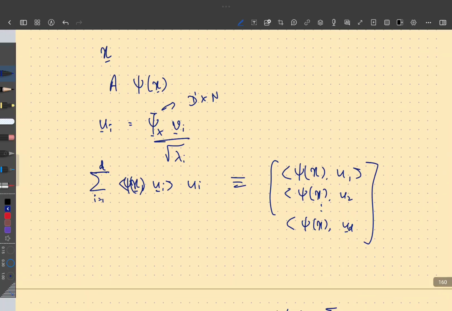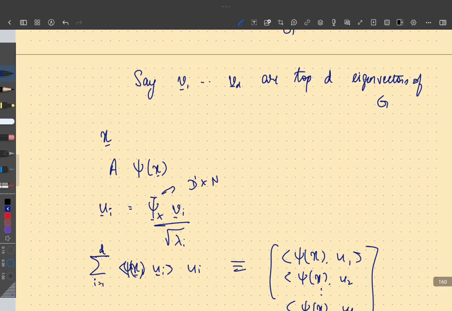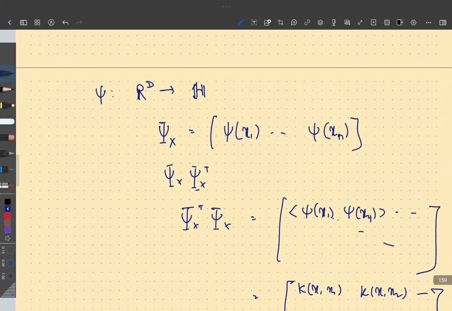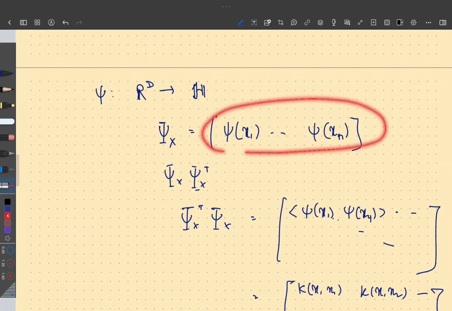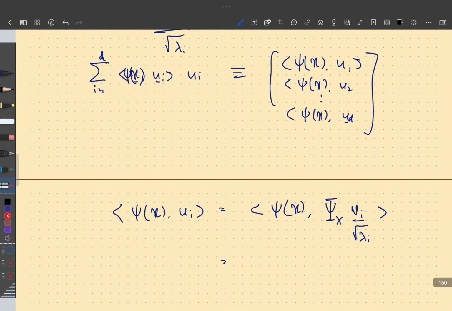Again, if you remember what psi x was, psi x is basically this matrix over here.